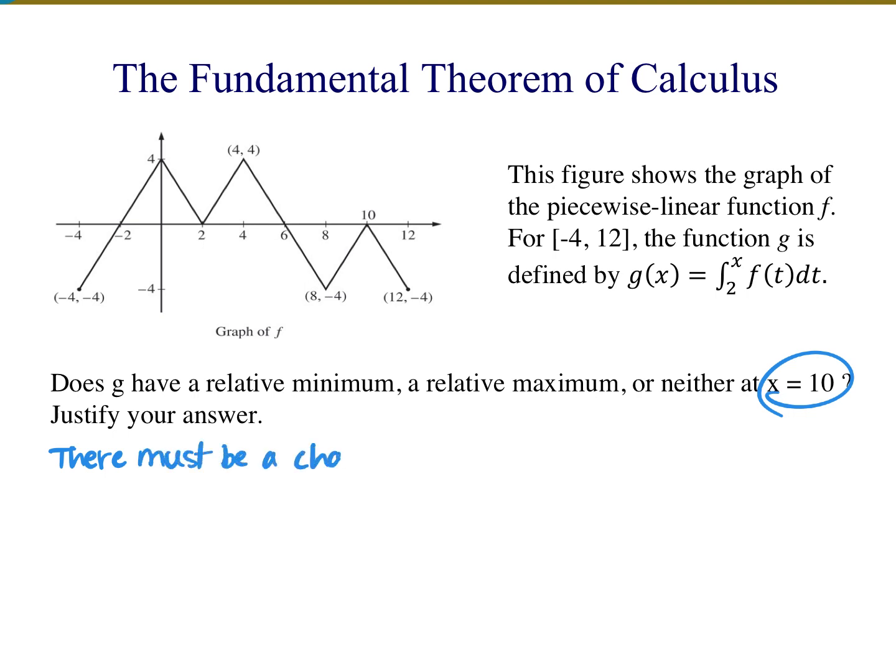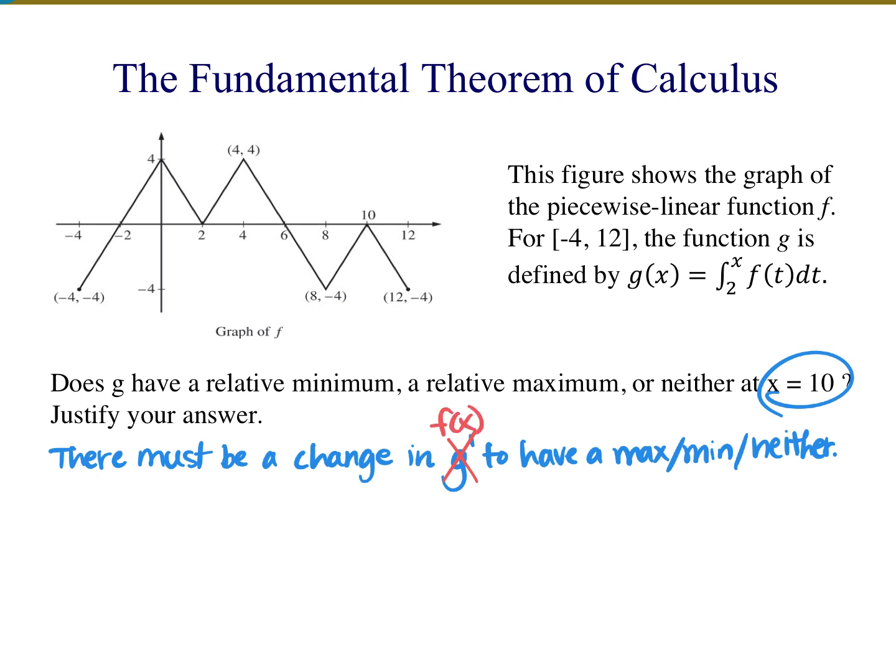So there must be a change in G prime to have a max, min, or neither. But if there's going to be a change in G prime, we change G prime to what G prime stood for. And G prime was the same as f of x. So there has to be a change in f of x.